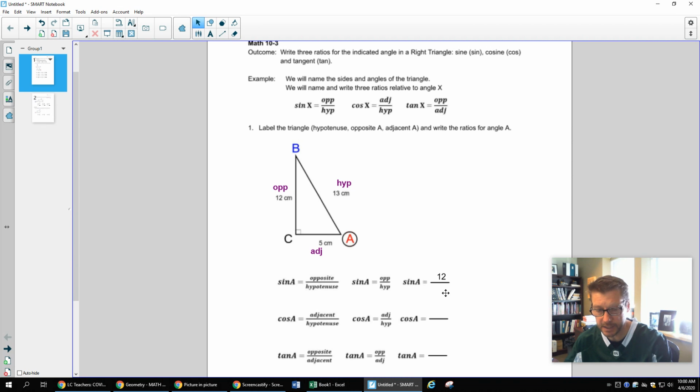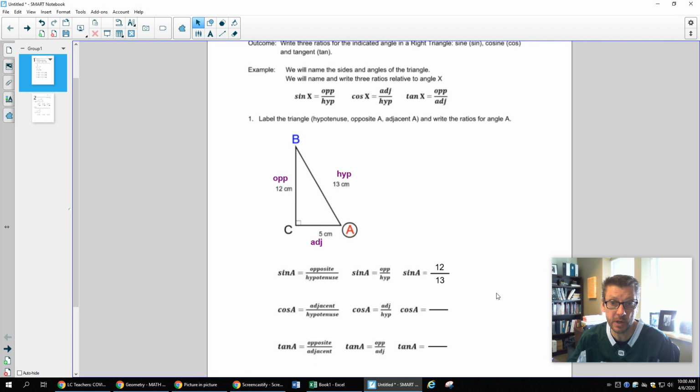And then what side is the hypotenuse? We said the hypotenuse has a length of 13. So if you're talking about a ratio, which again is just really a fraction, the sine ratio for angle A is going to be 12/13. So that's writing the sine ratio for it.